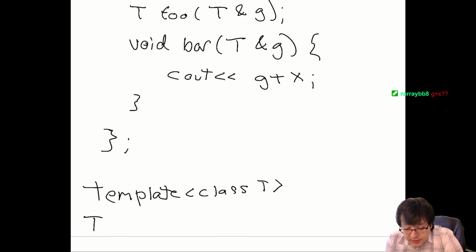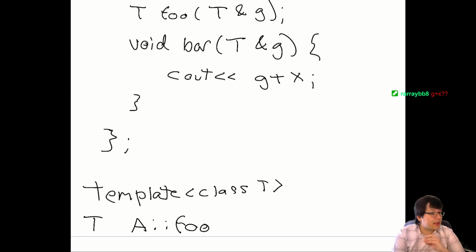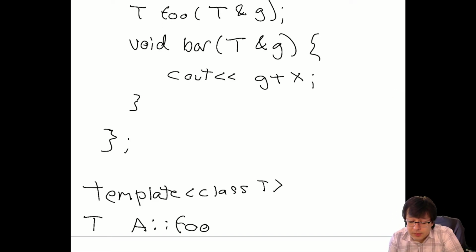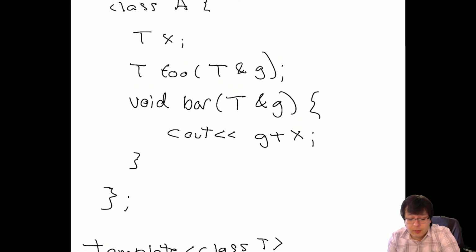And then this is where it gets a little interesting. Normally you would write something like this if it was a normal function, A and then foo. That's how you would normally do it. G plus X. Yes, I'm just adding two random things because why not? Just whatever this parameter is plus the class variable there. So G plus X.